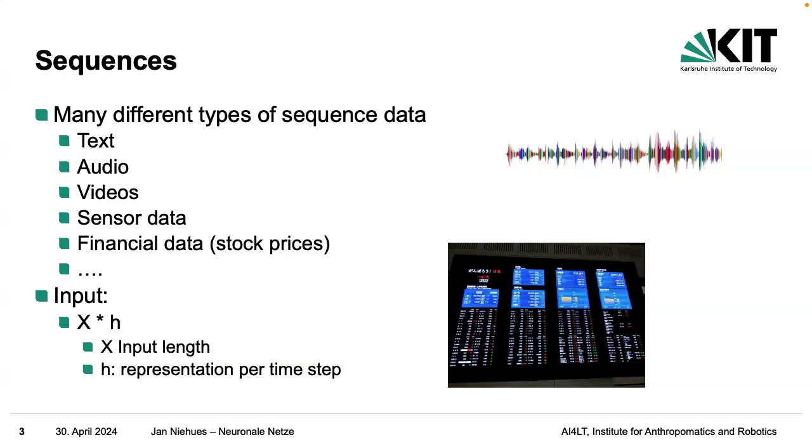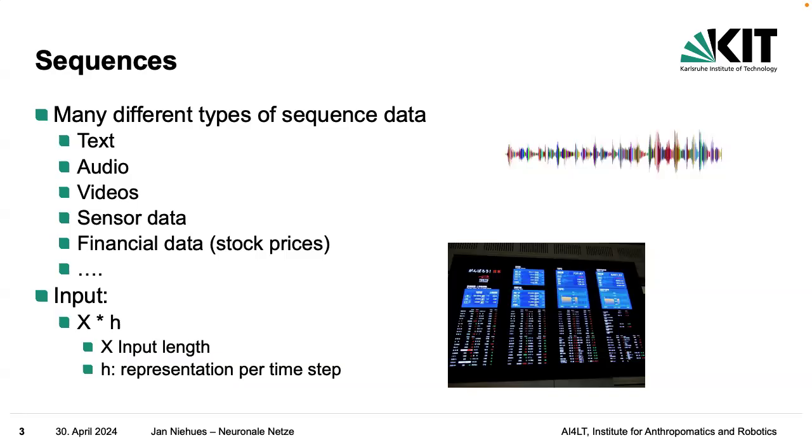Words are also categorical data. So there is a lot that you can have in a sequence. However, our assumption is first that this is in discretized time steps, and at each time step we still have a fixed size representation. Most of this data can be handled in this way.